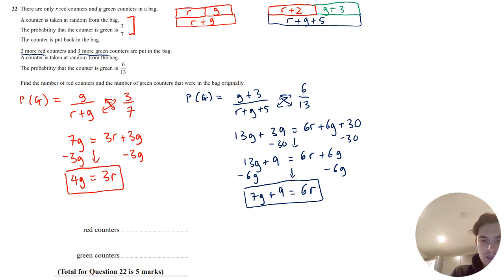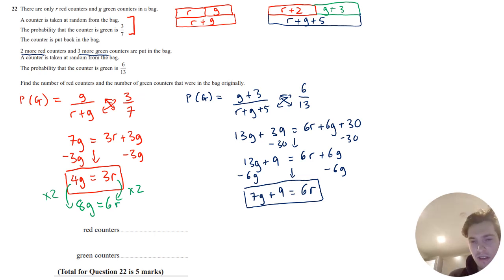Now, what's the best way to solve this? Let's have a look at both of the equations. I've got 4G equals 3R, and 7G plus 9 equals 6R. So let's do something to the first equation. If I multiply both sides by 2, I've now got 8G equals 6R.